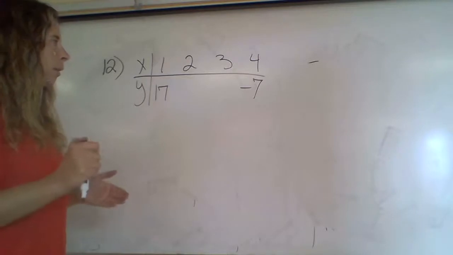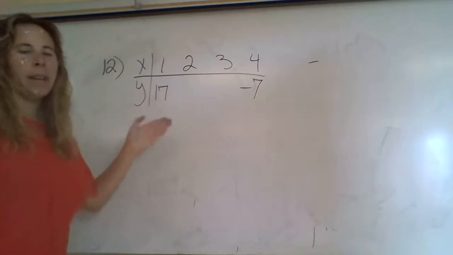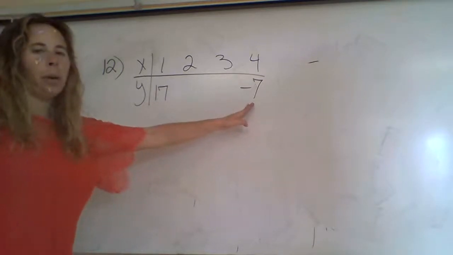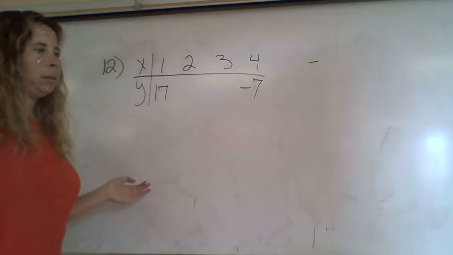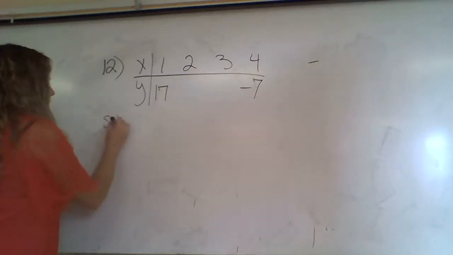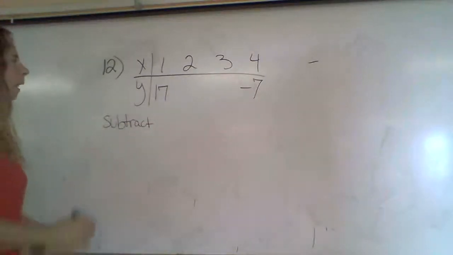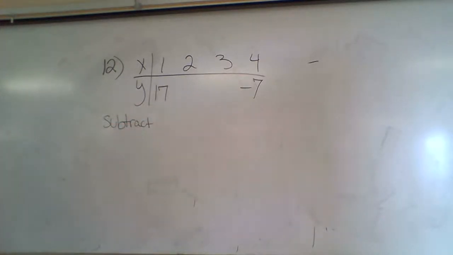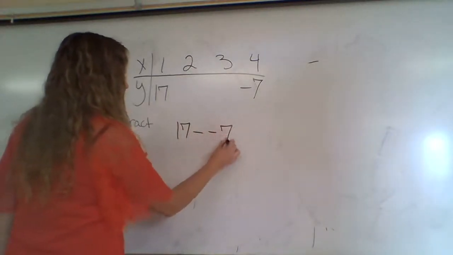First of all, are we adding or subtracting? If I'm starting at 17, whenever you have negatives, I like to use money. So let's say you start with $17, and now you owe the bank $7. Did you lose or gain money? You lost money, right? You went from 17 to -7, so we're subtracting. To find the difference, you can use a number line, you can count on your fingers, or you can go 17 minus negative 7.